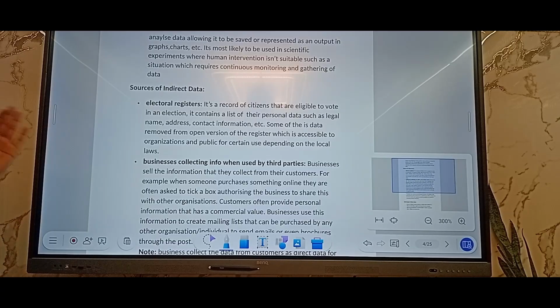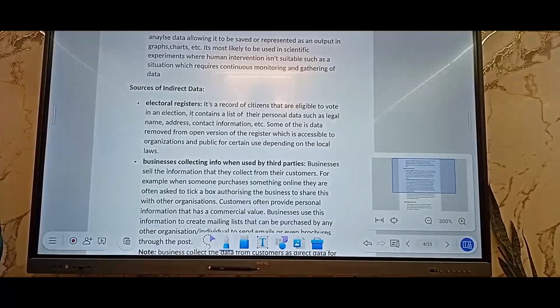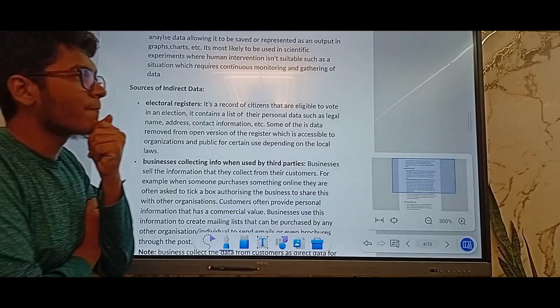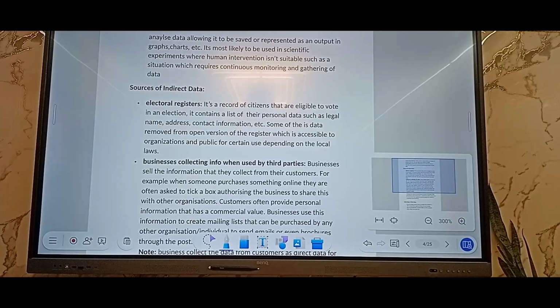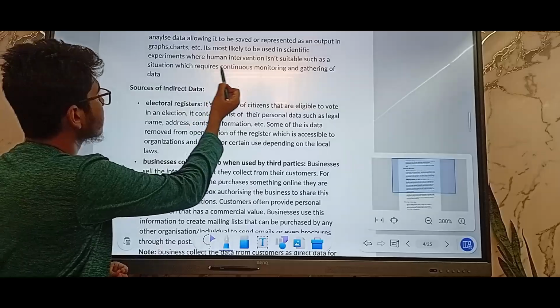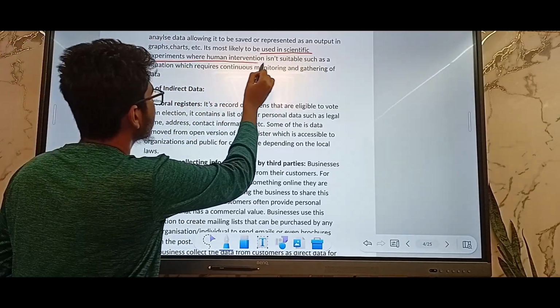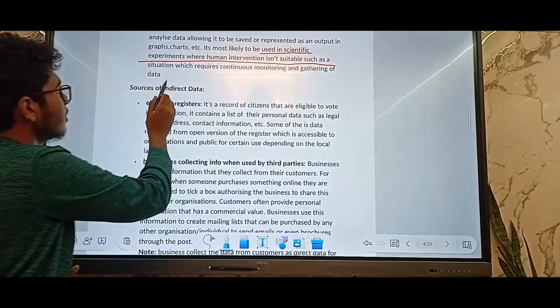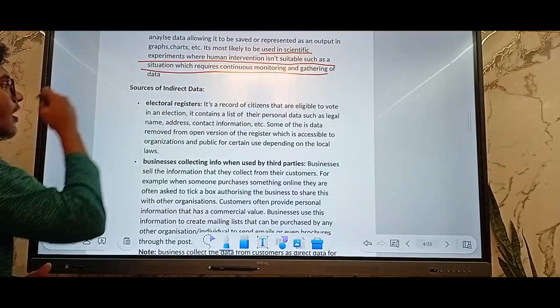So for data logging, I think you should remember one of the best examples. Now if they ask you why data logging is such an important thing, like they have already mentioned, it is most likely to be used in scientific experiments where human intervention isn't suitable, such as a situation which requires continuous monitoring and gathering of data.